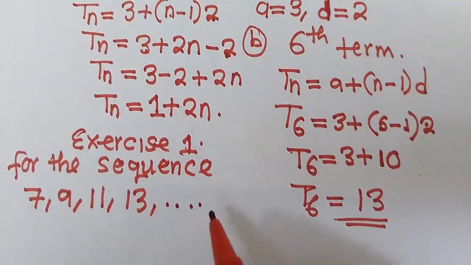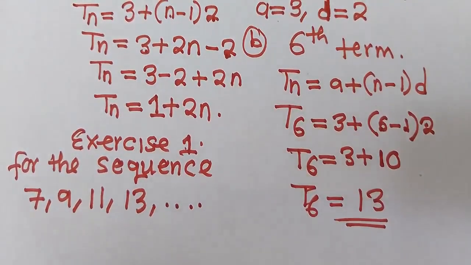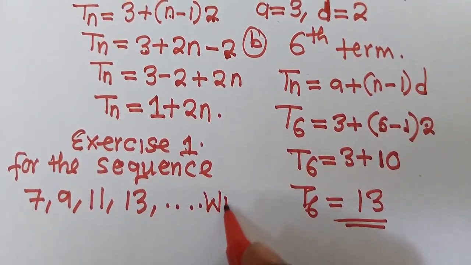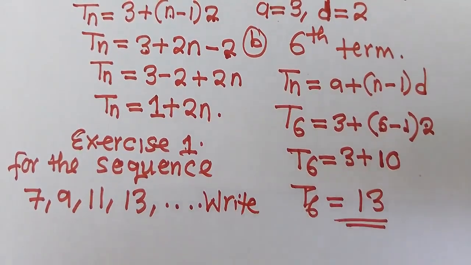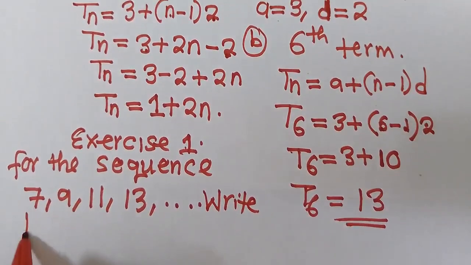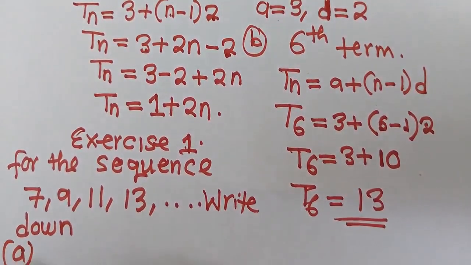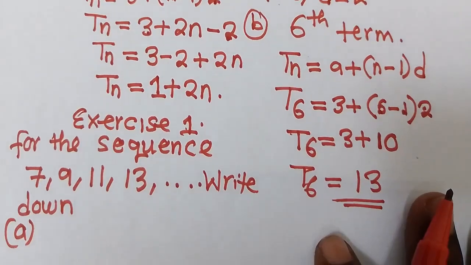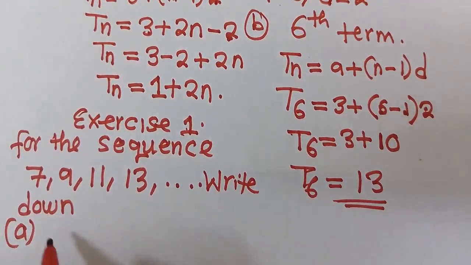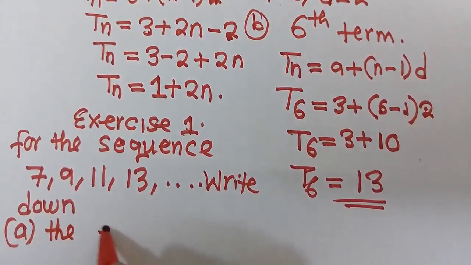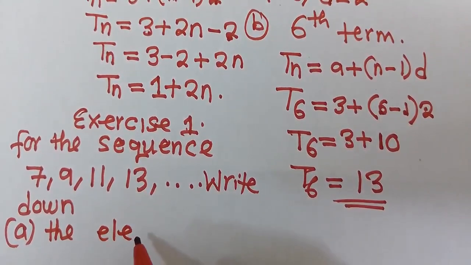Numbers are just going like that. Then the question is saying write down. Question A, what are you told to find? The 11th term.